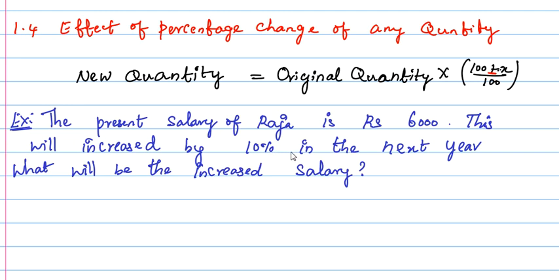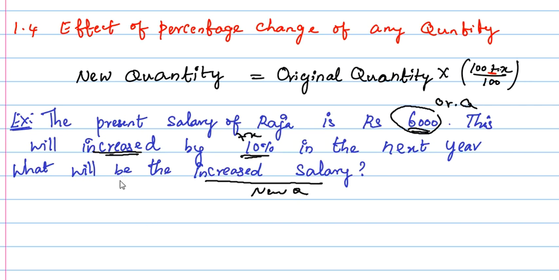So present salary is 6,000, this is the original quantity. 10% is increased, this is x, so you put plus x. The question is to find the increased salary, that means the new quantity. Now by using the above formula, you get the increased salary.